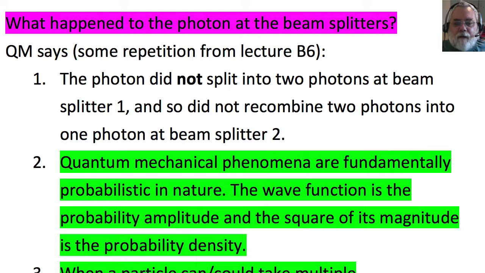Quantum mechanical phenomena are fundamentally probabilistic in nature. The wave function is the probability amplitude, and the square of its magnitude is the probability density, or the probability.